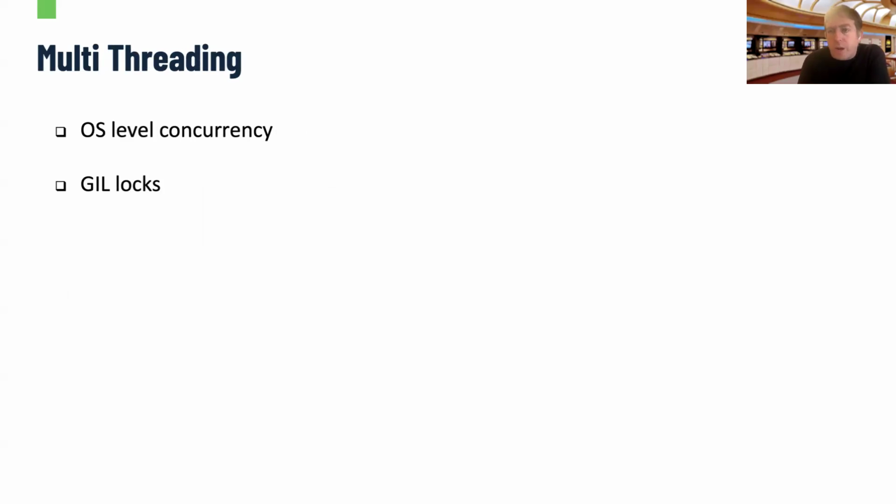You can create a new thread, and it looks like you can run multiple things at the same time. But then there's the GIL. The GIL is the global interpreter lock. I know there's an agenda in Python to try and remove it, but for now it's there. And the GIL prevents multiple commands of Python running in the same process at the same time.